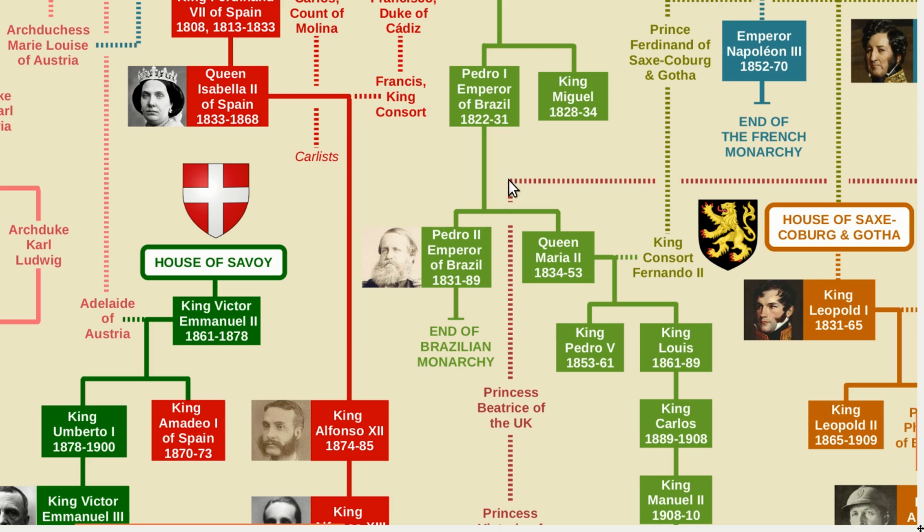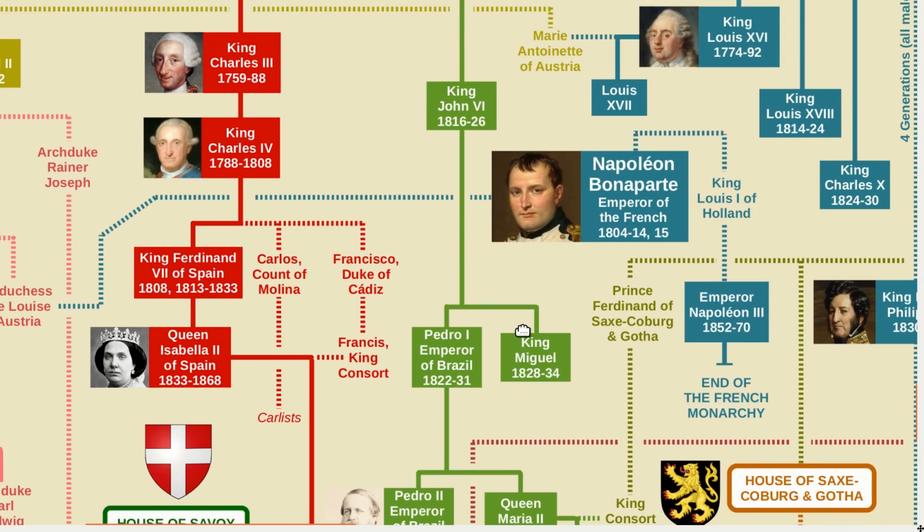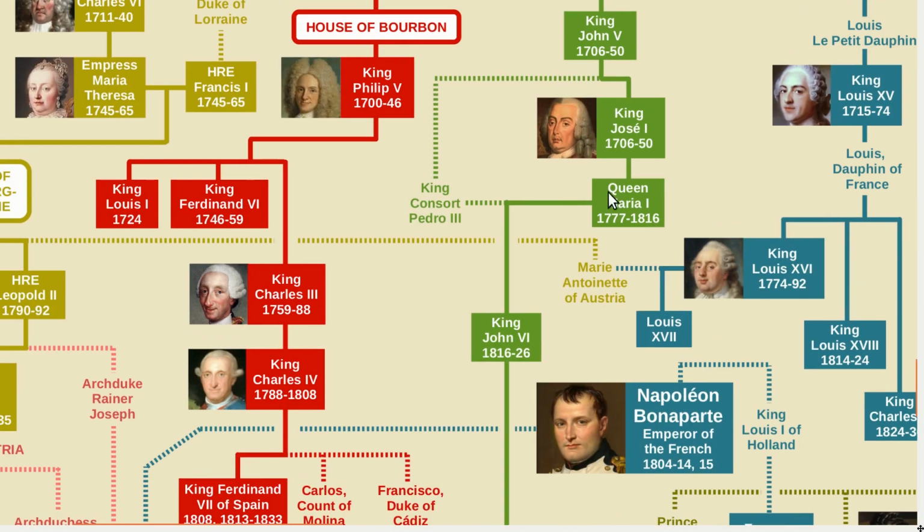Let's go back to Portugal. When King John VI died, Pedro of Brazil was briefly declared king of Portugal as Pedro IV, but not wanting the countries to be reunited, he soon abdicated in favor of his daughter, Maria, under a plan that would have her marry his brother Miguel, who would become king consort, similar to what happened back here.